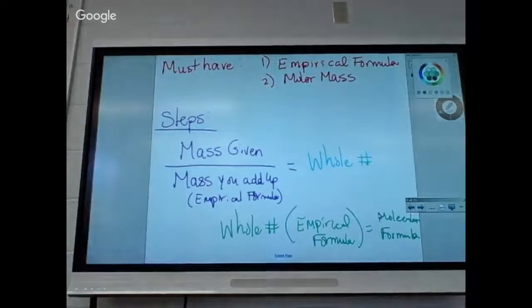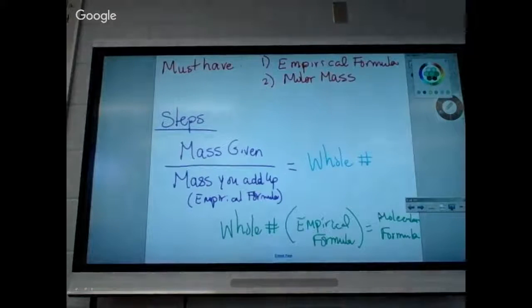All you have to do is take that number you get, whatever it is, and multiply it by the formula. Because that number is what the formula was reduced by. If you get a 4, the formula was reduced by 4. You multiply it through the formula to get the original formula. If you get a 2, the formula was reduced by 2. You multiply it through the formula to get the formula.